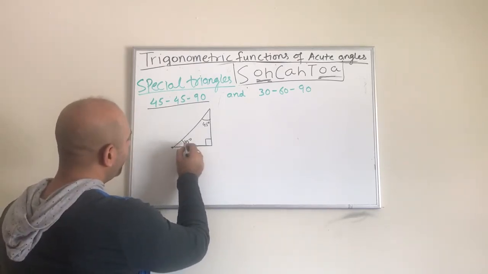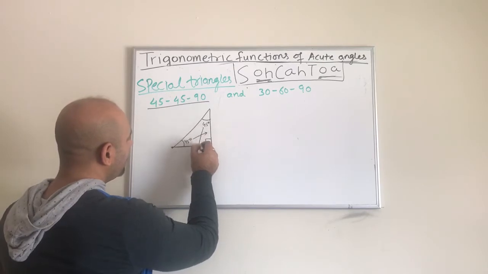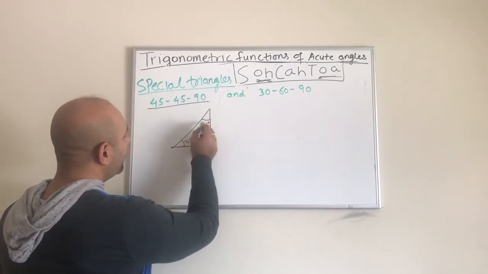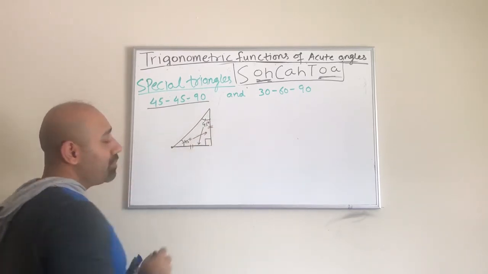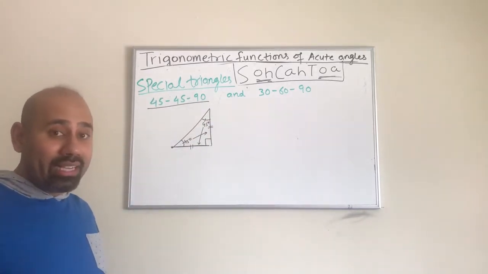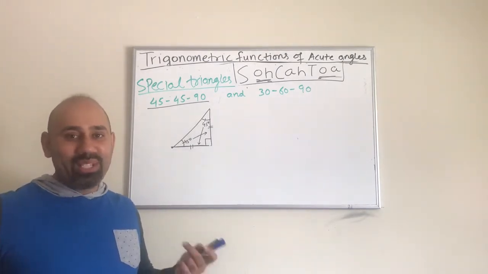If I think of this angle, then this is the side opposite to that angle, and then looking at this angle, this is the side opposite to it. So guys, if these two angles are equal, then obviously these two sides are also going to be equal. It's an isosceles triangle, and we know this from basic facts from geometry, right?